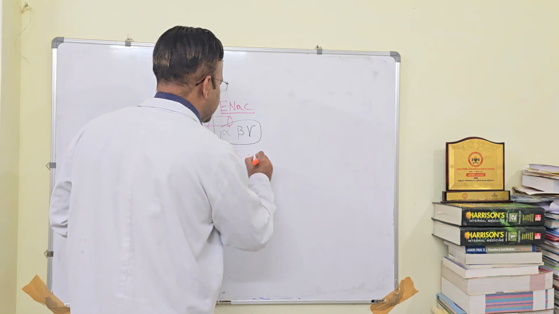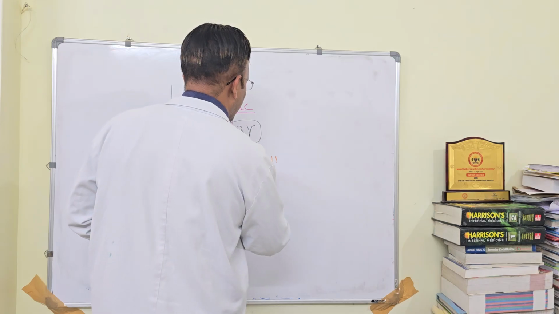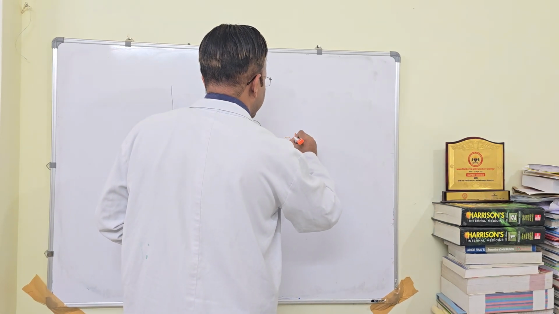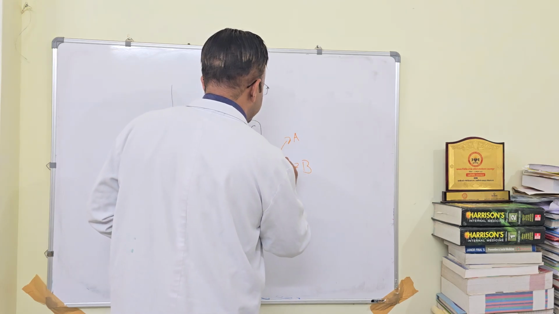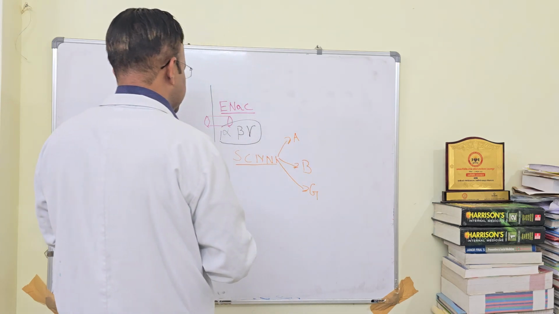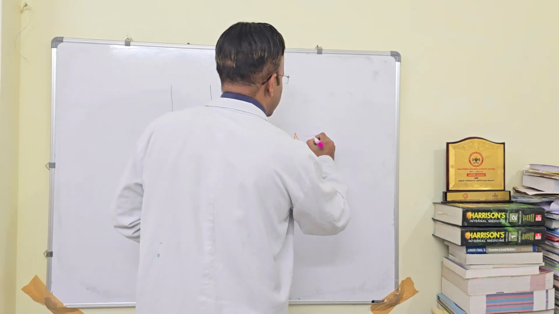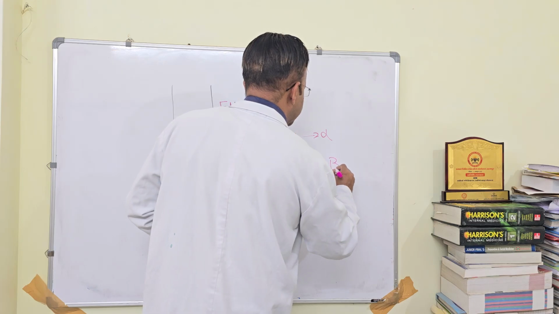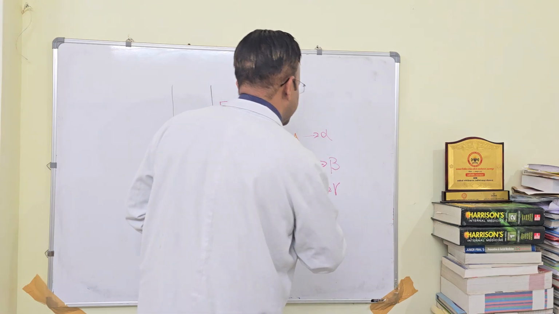SCNN1 is the common starting name, and after that we can have A, B, or G. SCNN1A will code for alpha, SCNN1B will code for beta, and SCNN1G will code for gamma.